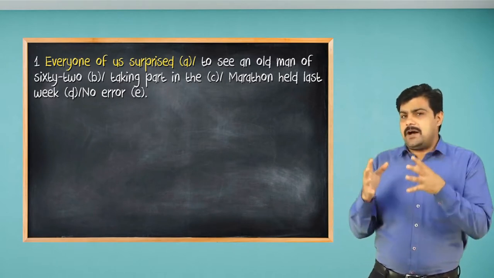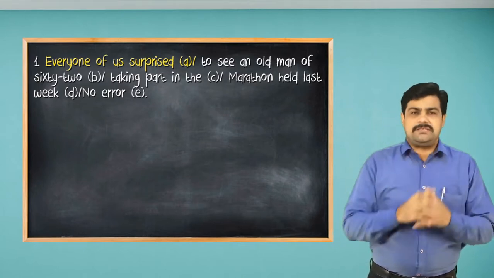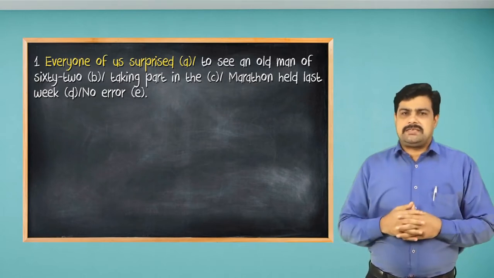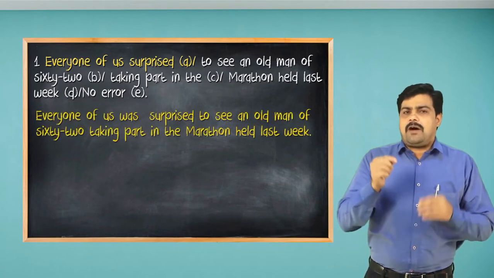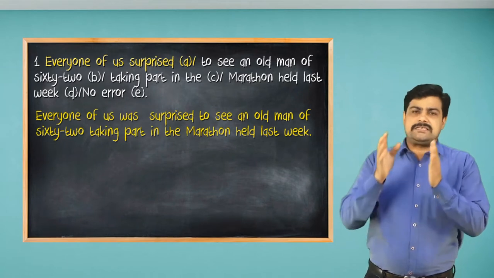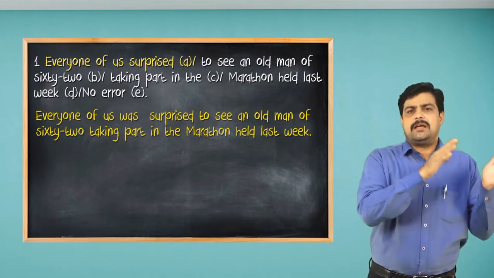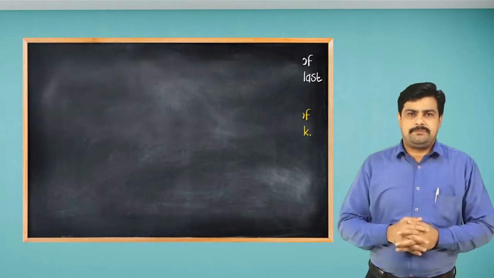The tense is in past, so use was just before the verb surprised. Now see the correct sentence. Every one of us was surprised to see an old man of 62 taking part in marathon held last week.